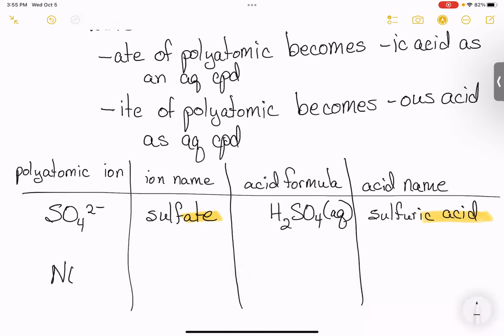What is NO2-? It is nitrite. Because it has a -1 charge, that means it only needs 1 hydrogen, followed by aqueous to make the acid's formula.